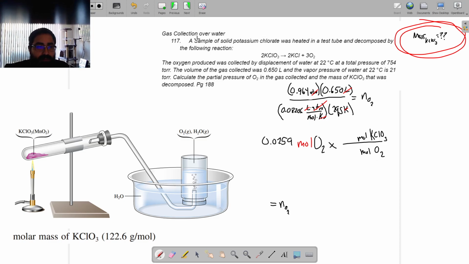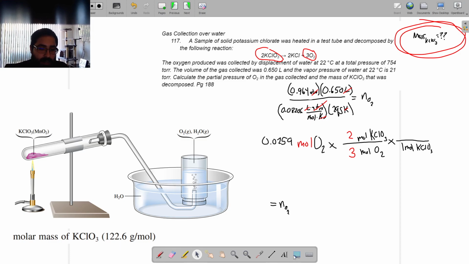So where do we get that? The balanced chemical equation. There are 2 KClO3s for every 3 O2s. So we put 3 O2s and then a 2 up here. Now that's going to give us moles of KClO3, but we want grams. And we know that 1 mole of KClO3 is equal to its molar mass.